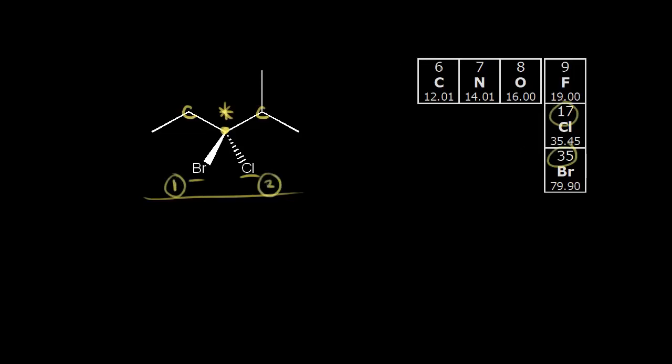And then we have a tie for our carbons, so we need to see what is directly bonded to those carbons. So for the carbon on the right here, this carbon is directly bonded to a carbon here, and then of course a hydrogen. So we write that in as carbon, carbon, hydrogen. And then for the carbon on the left, that carbon's bonded to a carbon and 2 hydrogens. So we write in carbon, hydrogen, hydrogen.